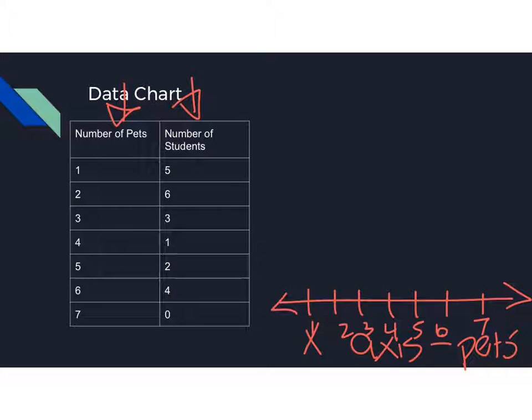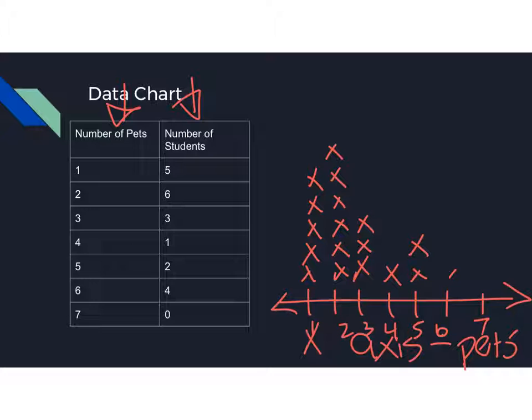And then we will start graphing our points. 5 students have 1 pet. 6 students have 2 pets, 3 students have 3 pets, 1 student has 4 pets, 2 students have 5 pets, and 4 students have 6 pets.